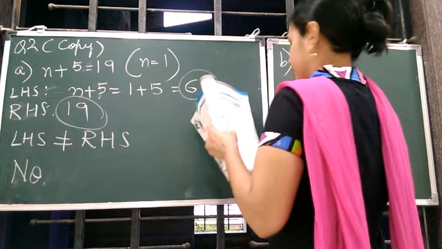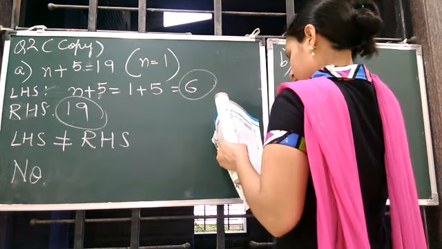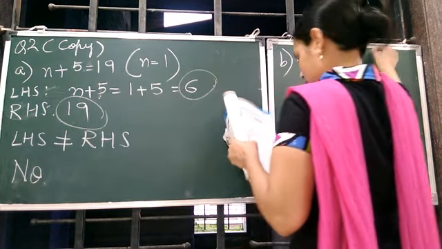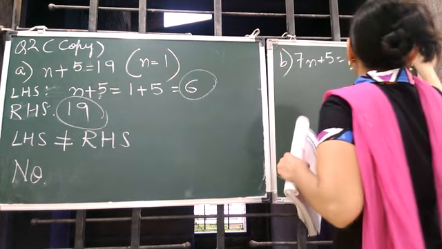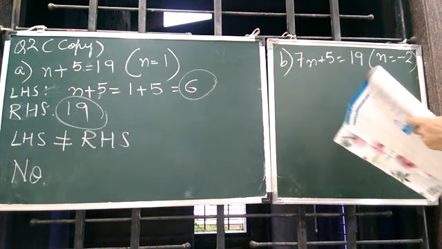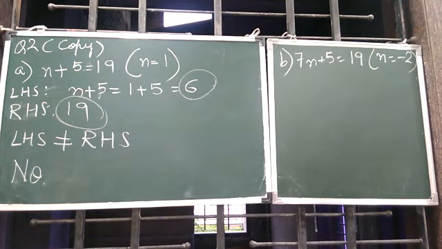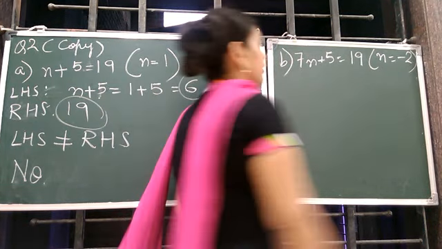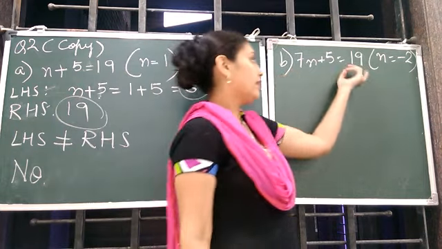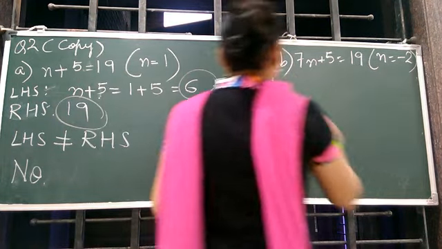Starting with B. 7n plus 5 is equal to 19. n is equal to minus 2. That means if we put the value of n as minus 2, then LHS should be equal to RHS.